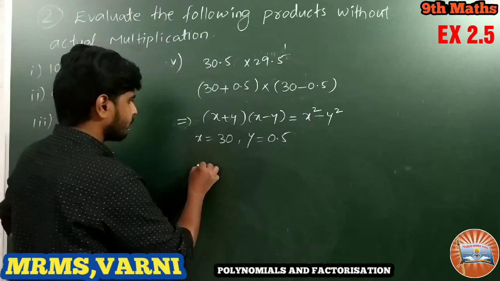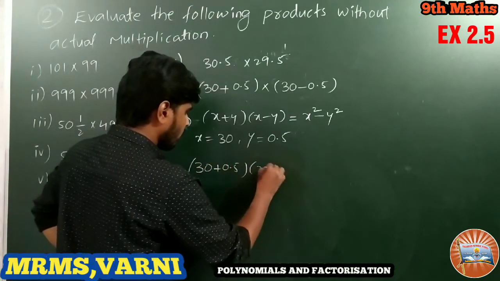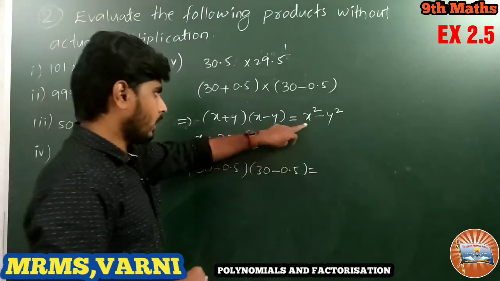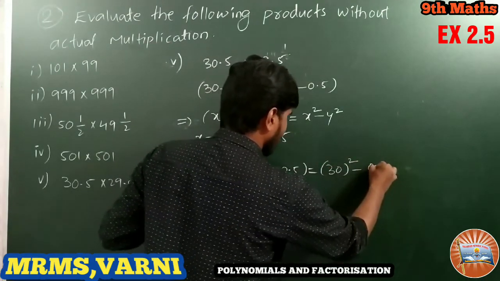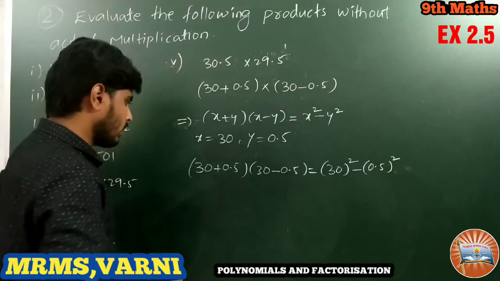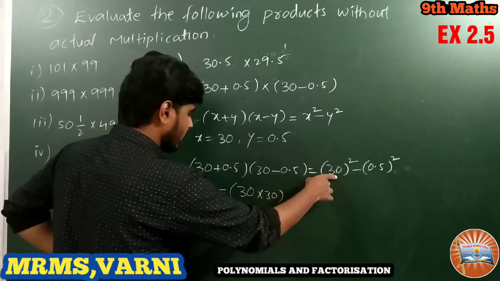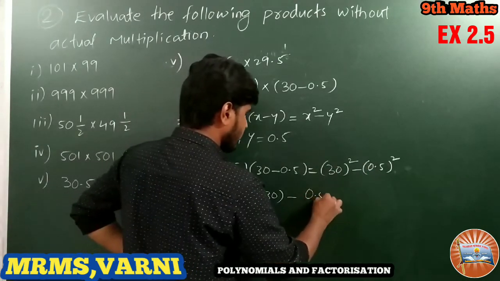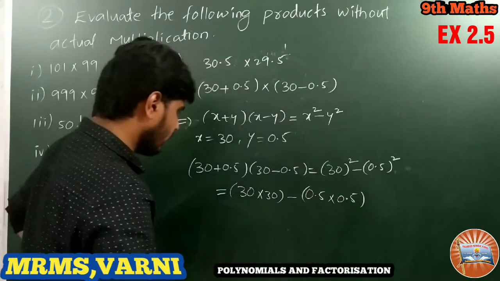Okay, what we can write? 30 plus 0.5 into 30 minus 0.5 is equal to x square, nothing but 30 whole square, minus y square, 0.5 whole square. Okay, is it clear? Yes, this we can write 30 whole square is nothing but 30 into 30, minus 0.5 whole square, nothing but 0.5 into 0.5. Okay, is it clear? Right.